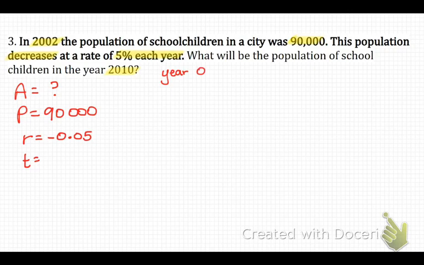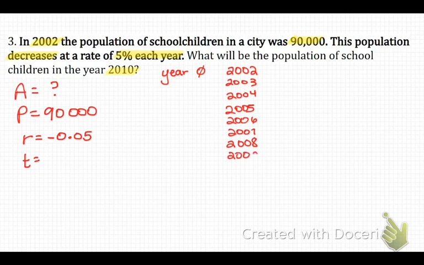So in 2002, that's year 0, correct? Okay, so if I write out all my years until 2010, which I'm going to do, it's actually not 8 years. T is 8, but it's not 8 years, and I want you guys to see this.